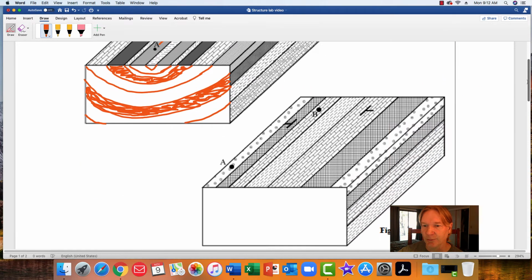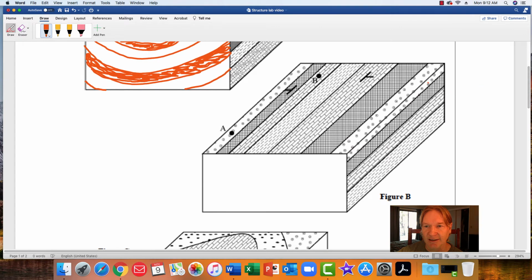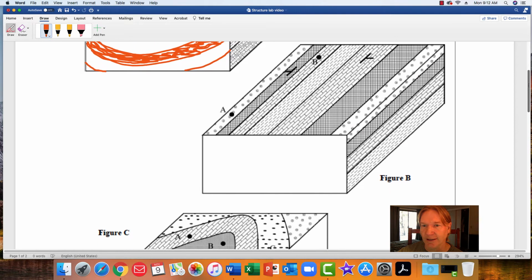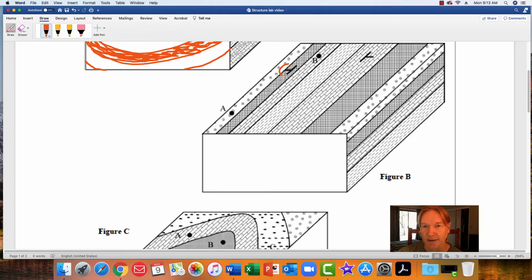Let's go down to this one. Now I see that the strike and dip symbols are pointing in the opposite direction over here and over here, so I know that this guy is an anticline. And that this bed right here is the middle layer. So I'll draw a little dashed line here that shows that plane.